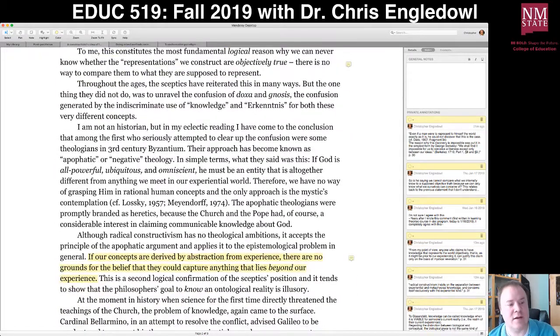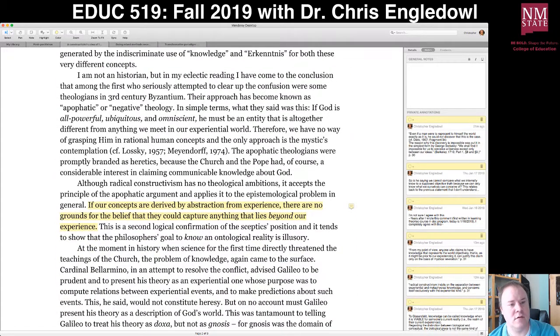And I also liked this idea here about thinking about the existence of God as being all-powerful, ubiquitous, omniscient, things that we can't experience, and therefore we can't know such a being except through the mystic's contemplation. And this is the point at which he makes the case that when we're talking about radical constructivism, we're talking about the episteme knowledge, not the gnosis knowledge. That's not something that they're even going to claim is knowable, and so it's outside of the realm of what radical constructivism attempts to explain.